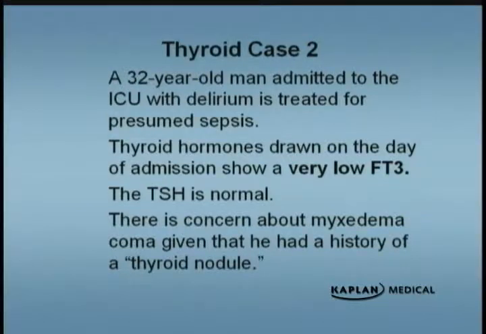Now, what did I tell you? What's the first test we look at when we're suspecting thyroid disease? We look at the TSH, and if the TSH is normal, I told you that this patient has euthyroid, doesn't have any thyroid problem.